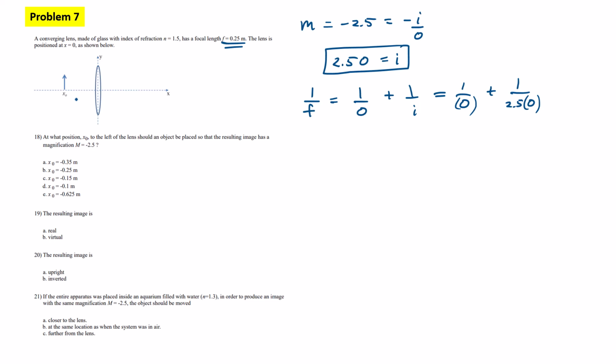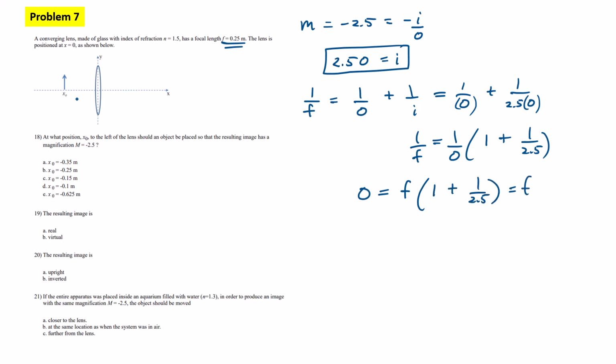You could factor out a 1 over O term, leaving 1 plus 1 divided by 2.5, and this is 1 over F. So at the end, I could have O, which is F multiplied by 1 plus 1 over 2.5. Let's clean up that bracket term a little bit. Putting things on a common denominator, I should have 3.5 over 2.5.